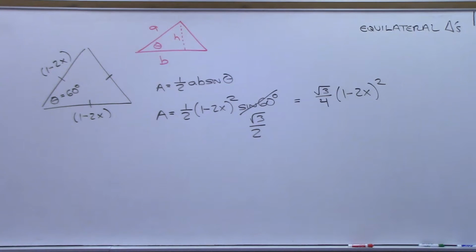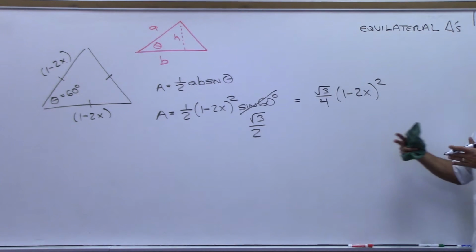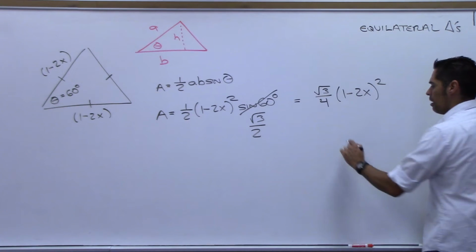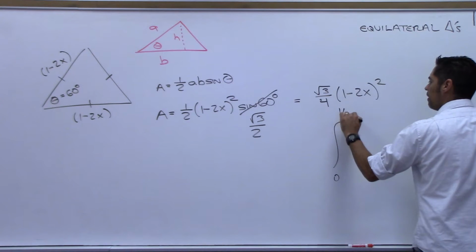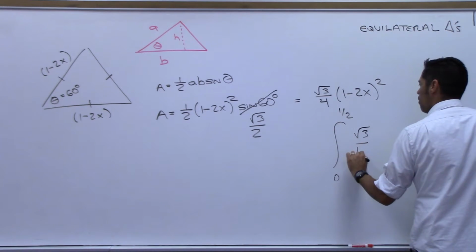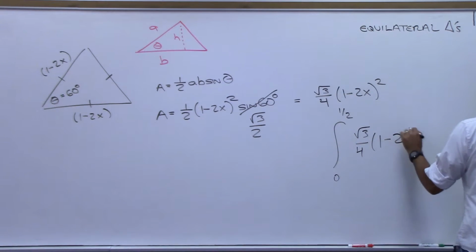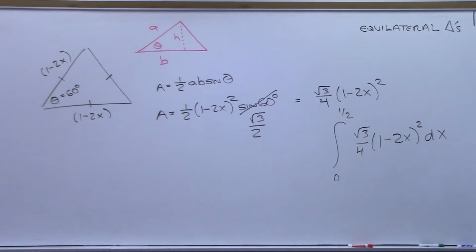That's it. That's the area. And then you have to multiply by the thickness to get volume, right? And then you integrate. So our answer would be integral 0 to half, root 3 over 4, 1 minus 2x squared dx. That's more like what you'll see on the test.